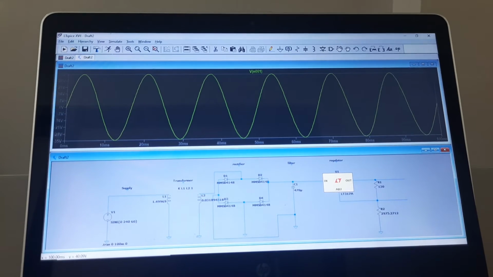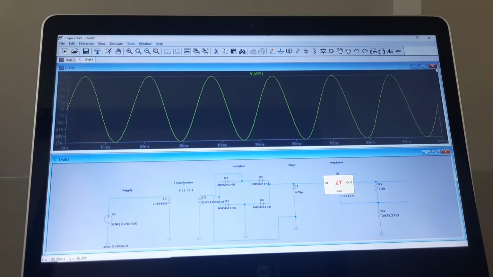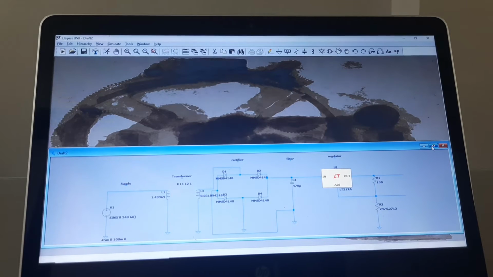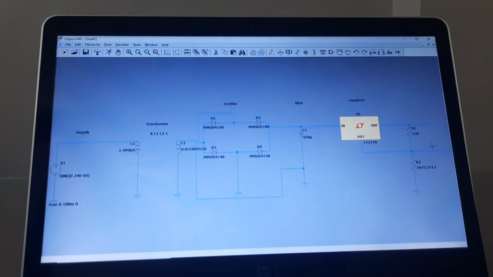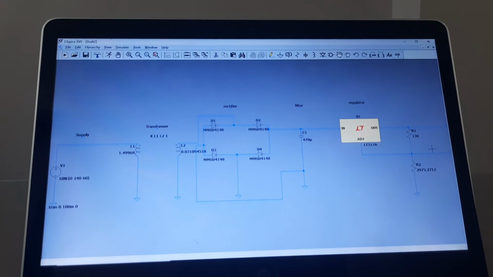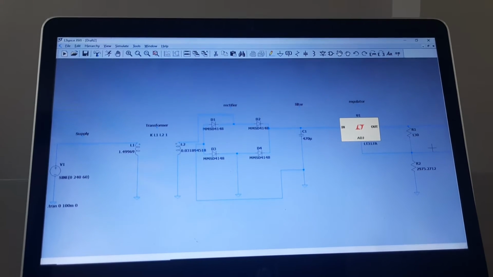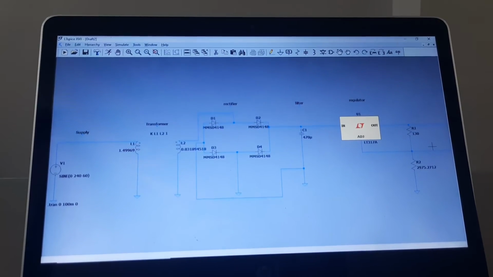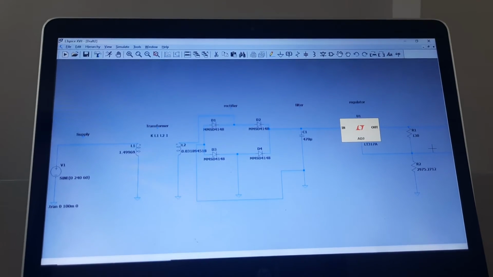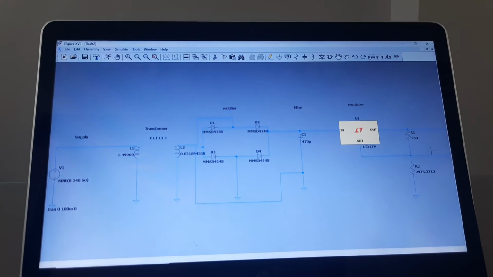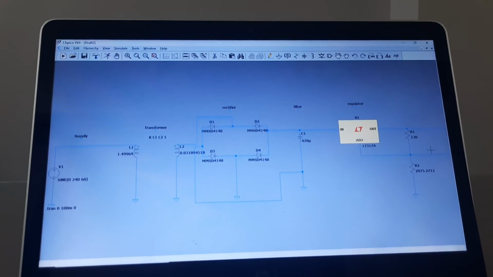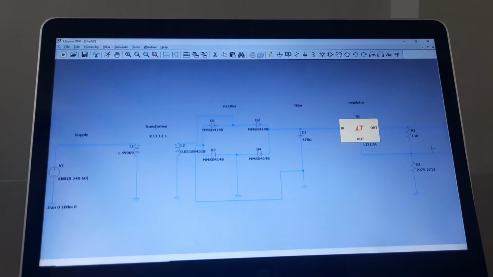Okay, for the next component, we have the filter. Filters are used to increase the DC voltage of the circuit, and they also reduce ripple components of the output voltage.